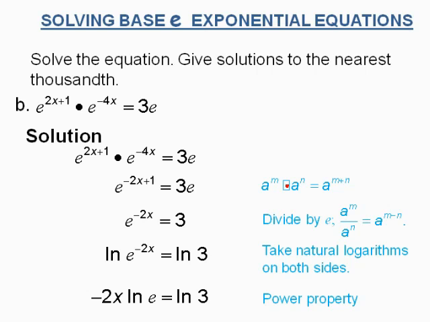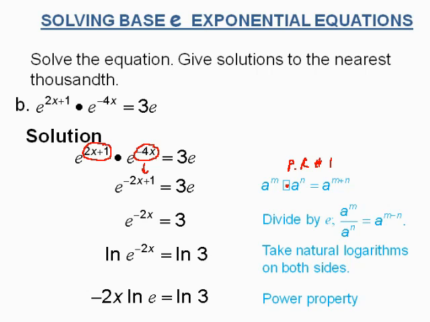Power rule number 1 says whenever you multiply same bases, you add the powers. So we take these exponents, 2x plus 1 plus negative 4x, add them together in the first step, and get e to the negative 2x plus 1 power equals 3e.